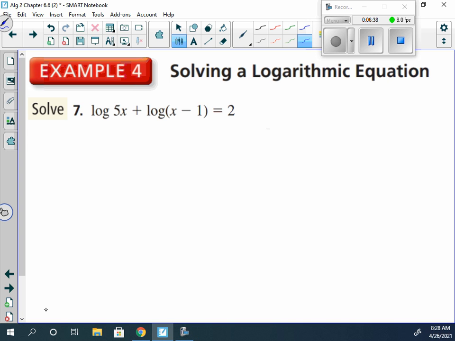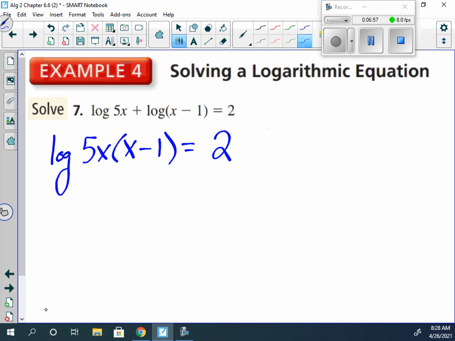So when we look at 7, what is our first step going to be? To combine the logs. Because log of 5x plus log of x minus 1 is going to become log of 5x times x minus 1.